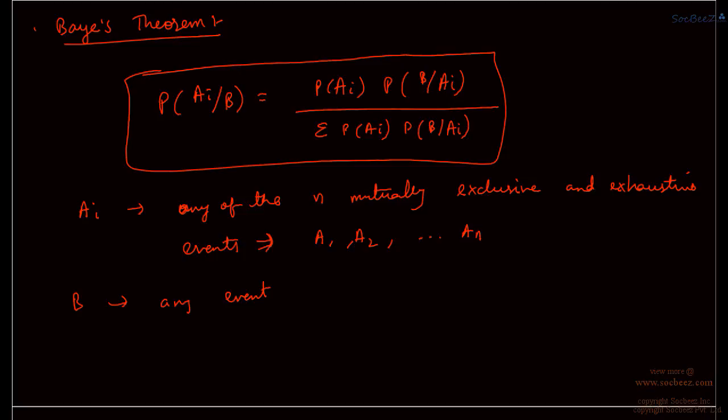So B can be any of these Ai, which will be a very trivial case, or any other event of the experiment which has no connection with these Ai.